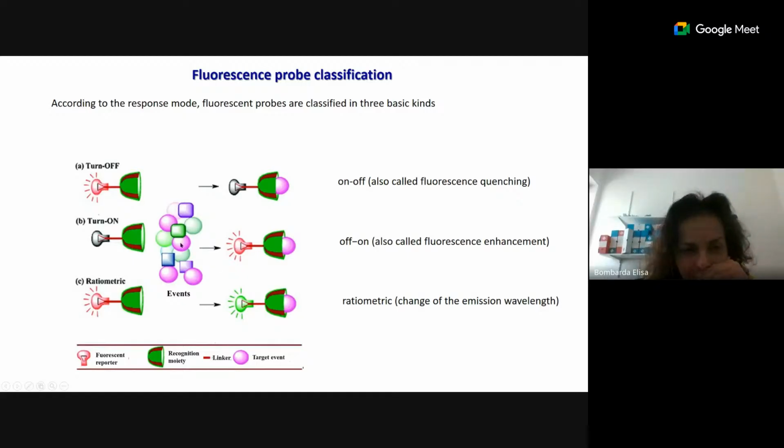So both are used. And also the event may change the wavelength of the emission of your dye.